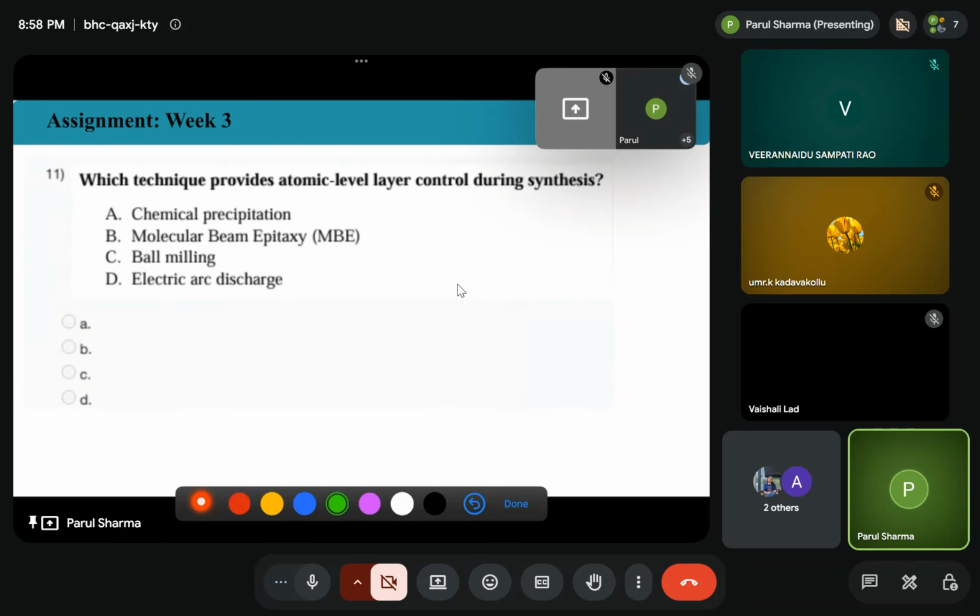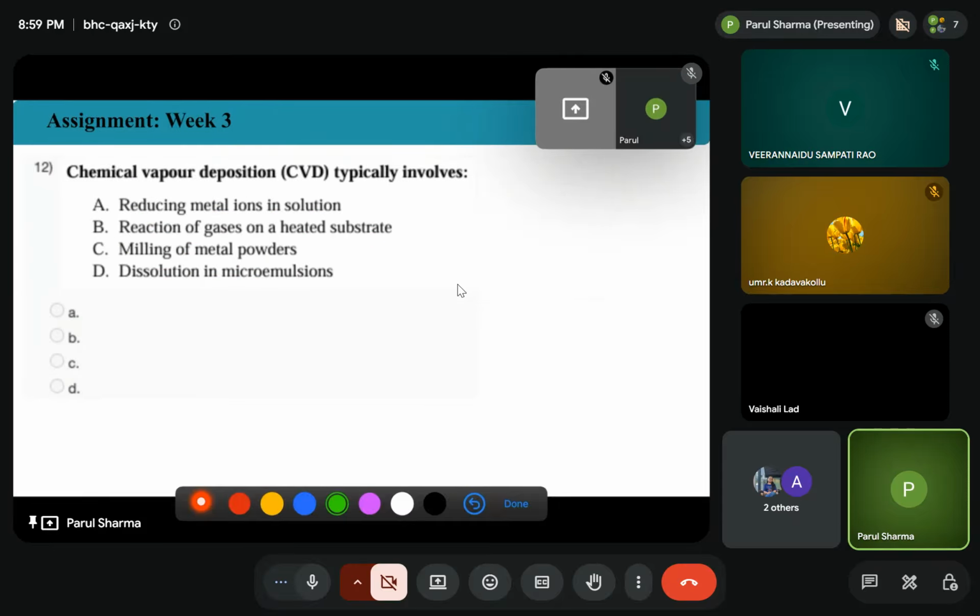Which technique provides atomic-level layer control during synthesis? We just saw that using molecular beam epitaxy we can control atomic-level layer deposition. So the correct answer is B. CVD typically involves a reaction of gases on a heated substrate.